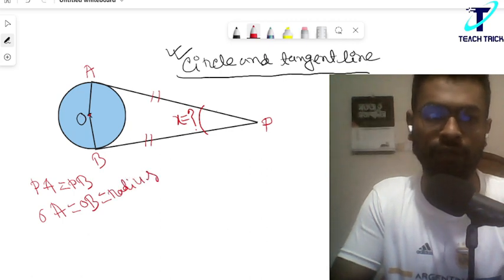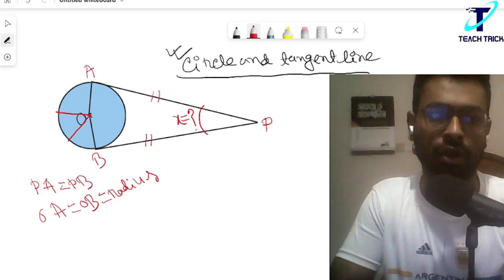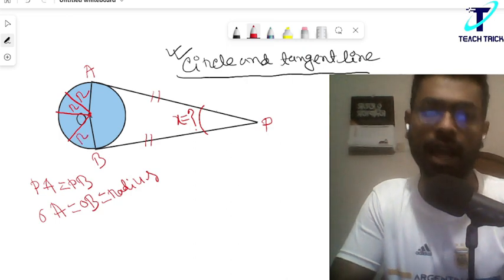As we know, from the center of the circle, any line which touches the edge of the circle is equal. All of these red lines are equal, which is R. We consider this line as R.